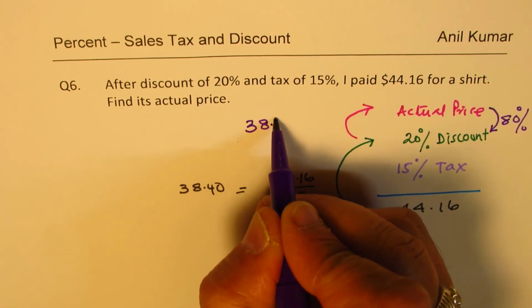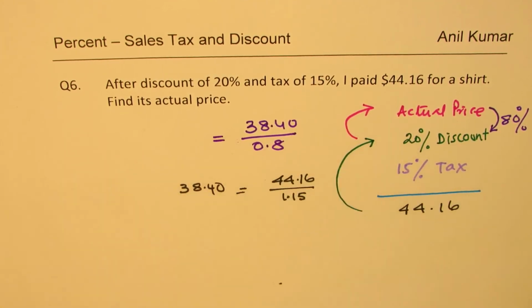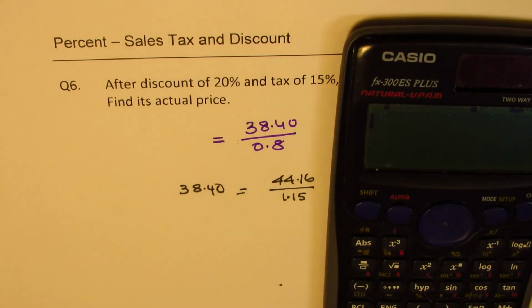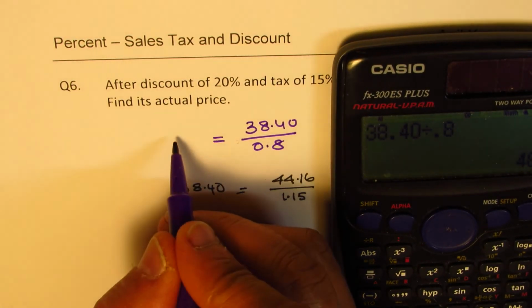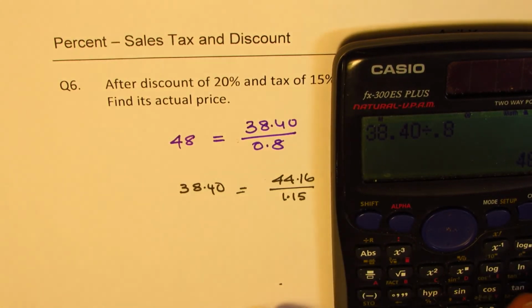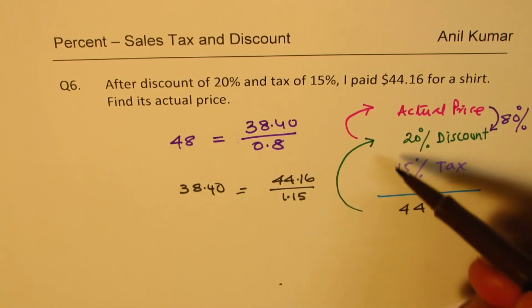So you get 38.40 divided by 0.8 to get your answer. Does that make sense? So 38.40 divided by 0.8 gives you 48. So $48 becomes the actual price. Do you understand the concept? It's a very important concept. How do you go back?